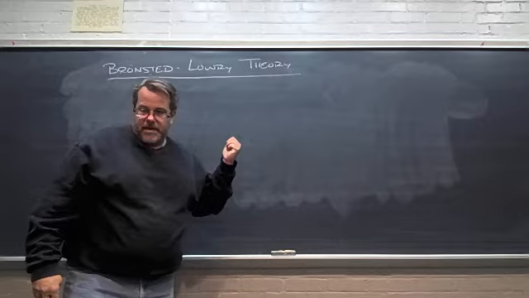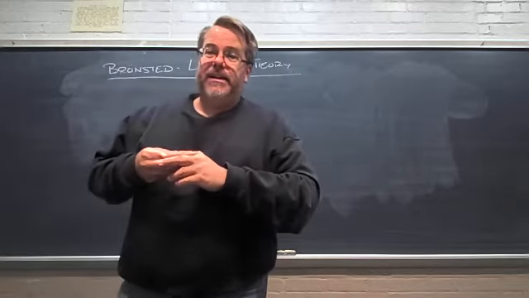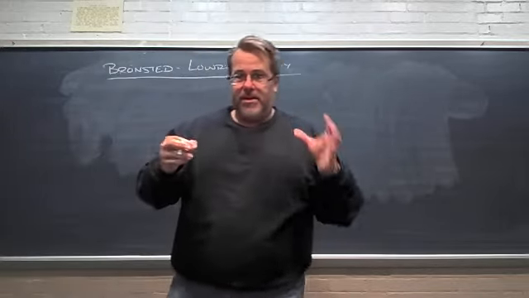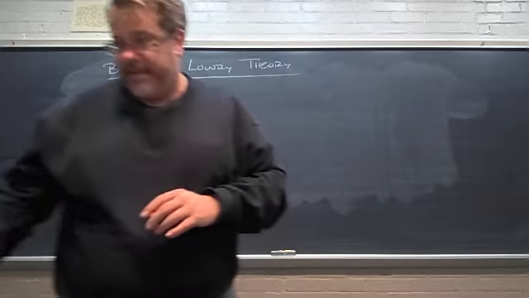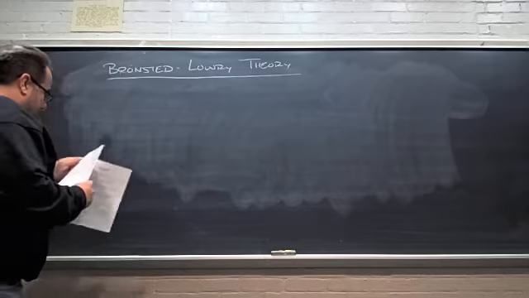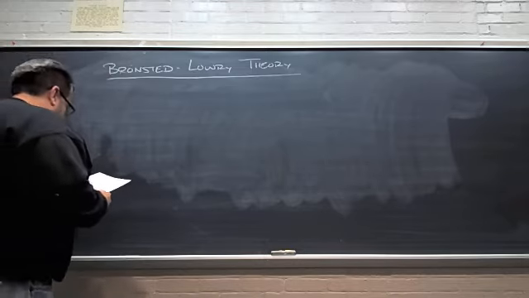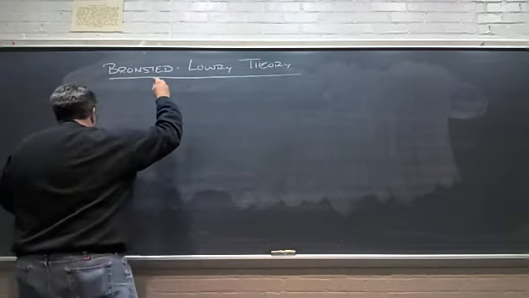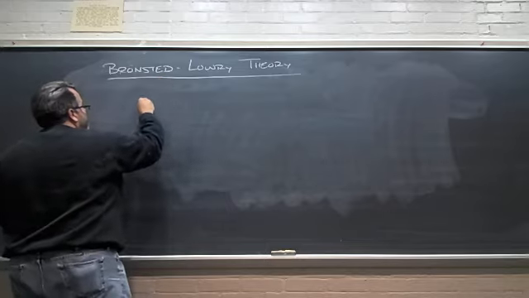In the Bronsted model, you can only define an acid in the presence of a base, and you can only define a base in the presence of an acid. Right? So you have to have a reaction in order to describe this. Let's take an example here.